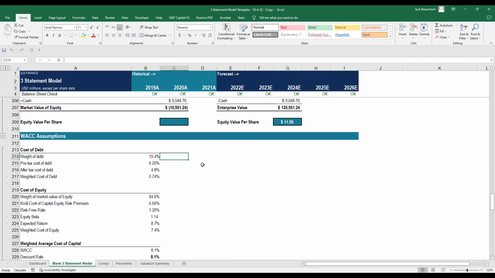Okay, so what we have is the weighted average cost of capital, which you hopefully have heard of before, but I'll quickly refresh that if you haven't.